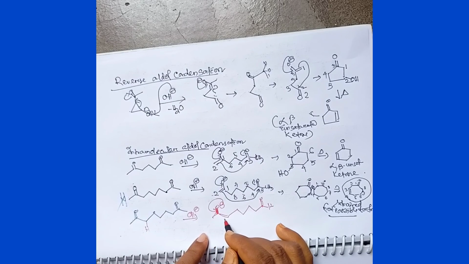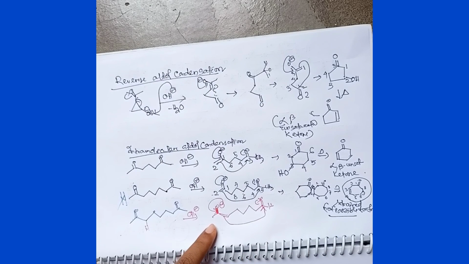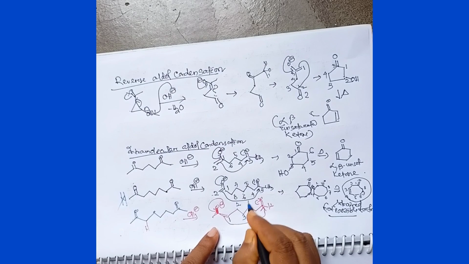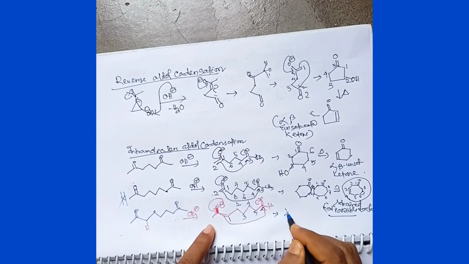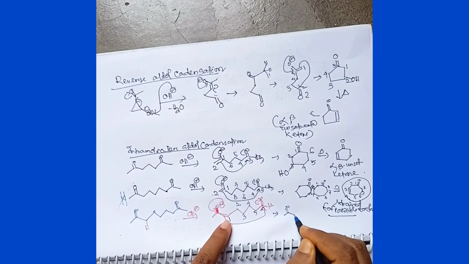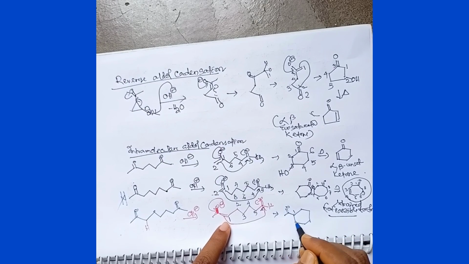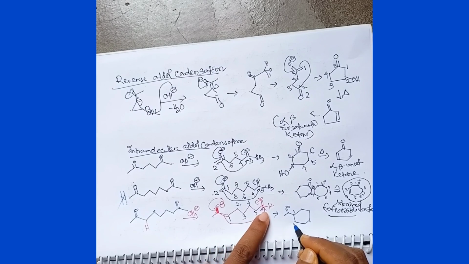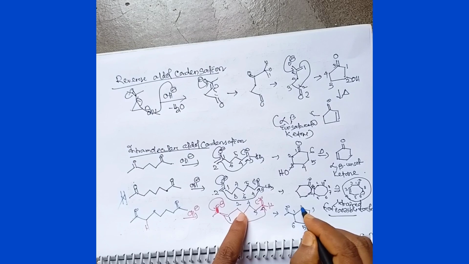So now the cyclization takes place. So we number from 1 2 3 4 5 6. The molecule will be, this is outside the ring. So from this 1, then we will write 6, then 5 4, then 3, then 2.